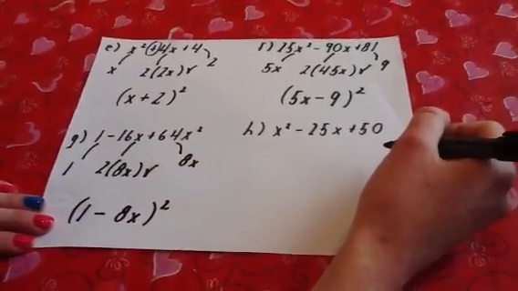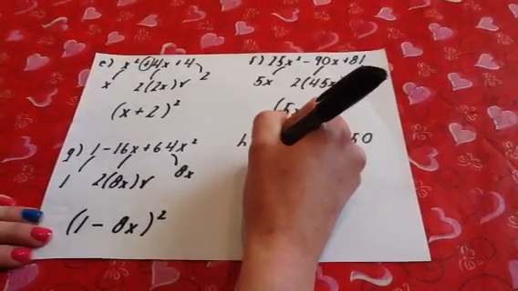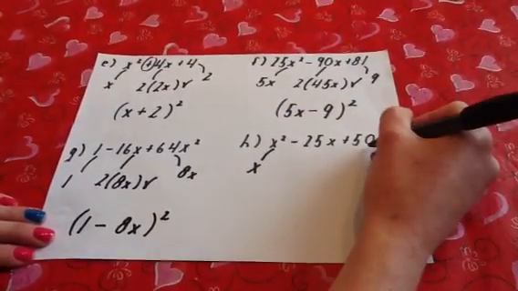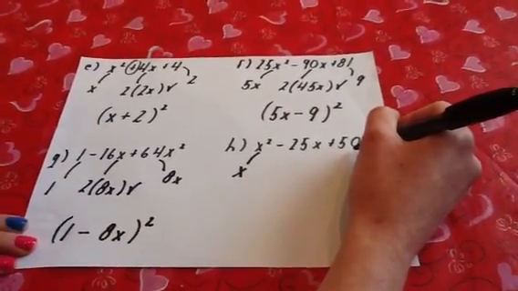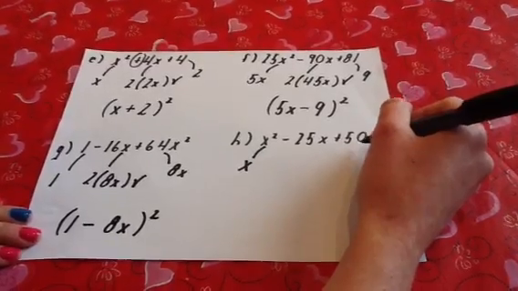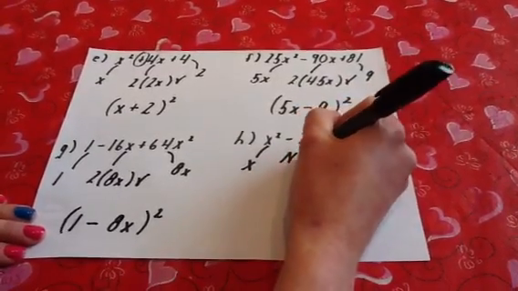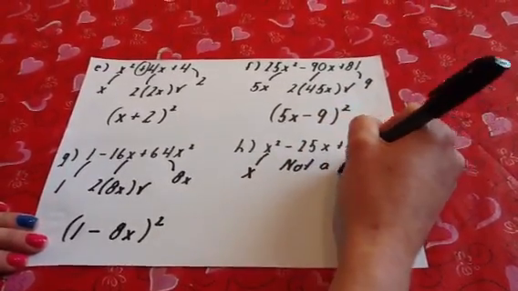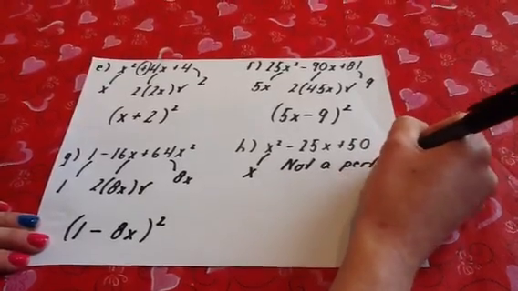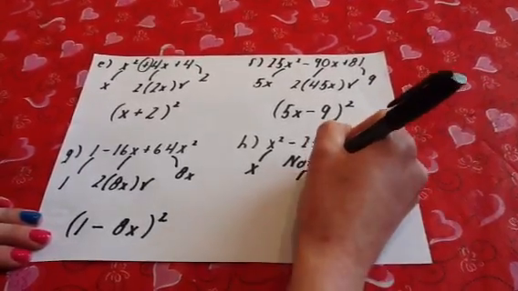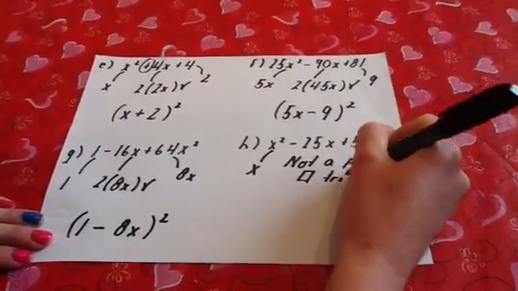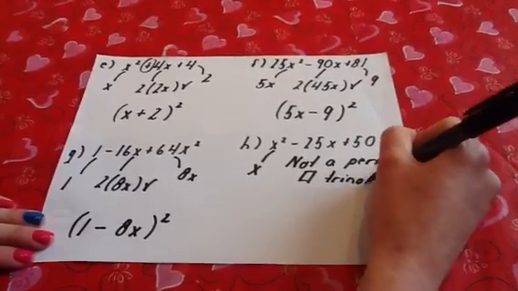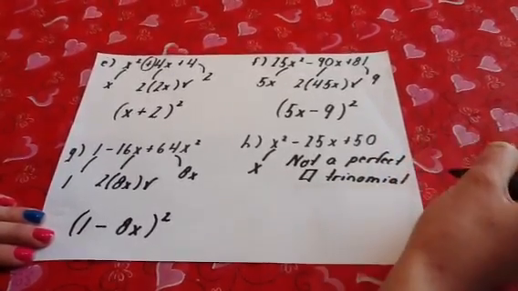Okay, last one. So the first term is a perfect square, it's x. The last term, 50, isn't a perfect square, so that means this is not a perfect square trinomial. So then we see if it can be factored using inspection.